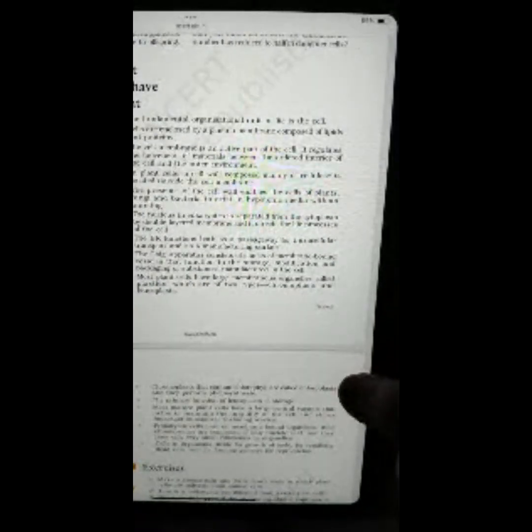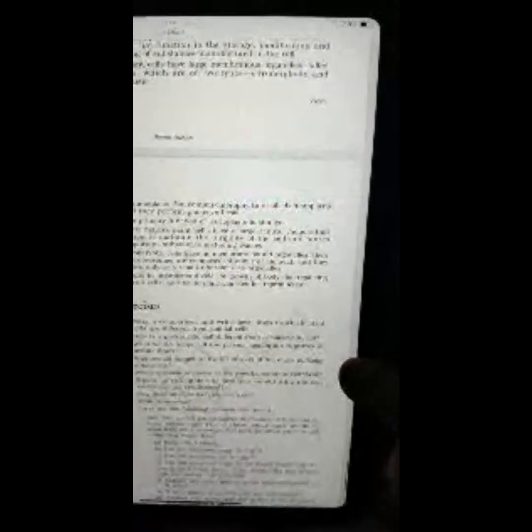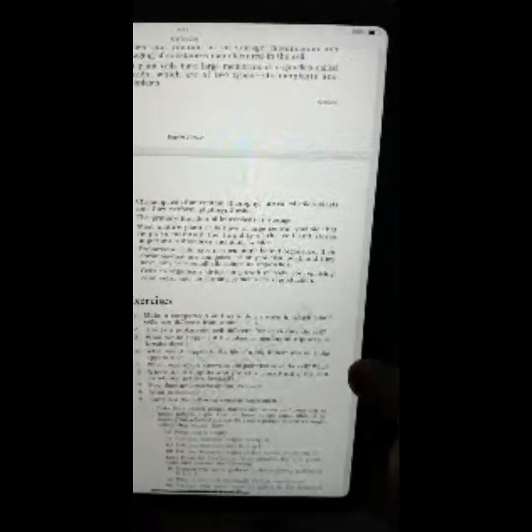So next point, most plant cells have large membranous organelles called plastids, which are of two types, chromoplast and leucoplast. Chromoplasts that contain chlorophyll are called chloroplasts. They perform photosynthesis. The primary function of leucoplast is storage.